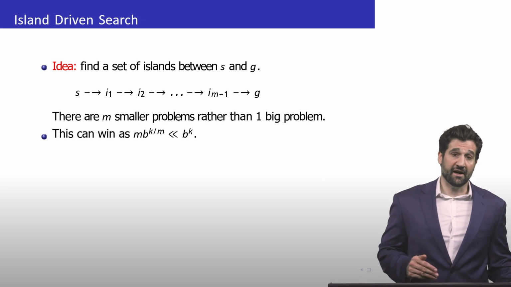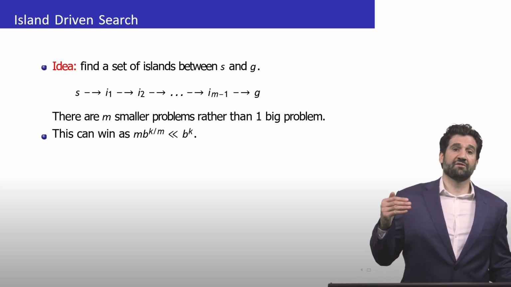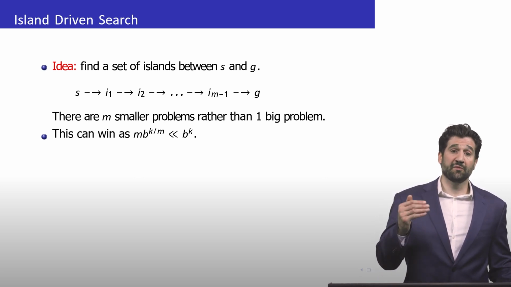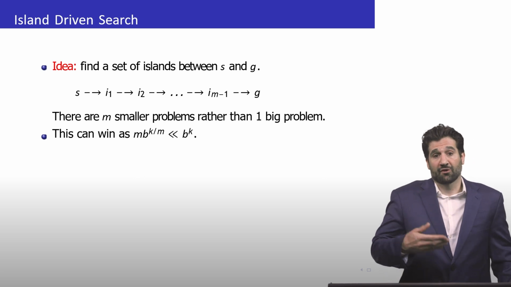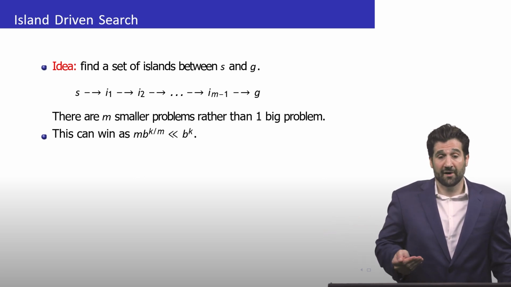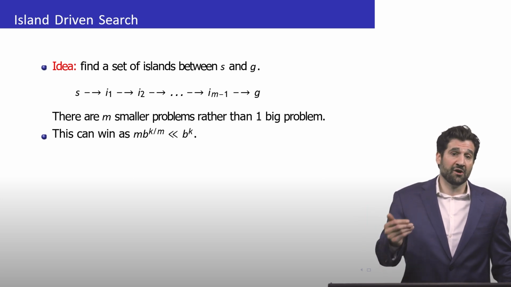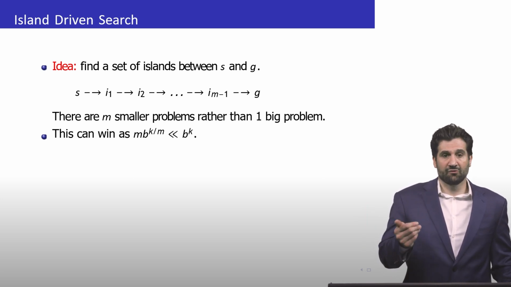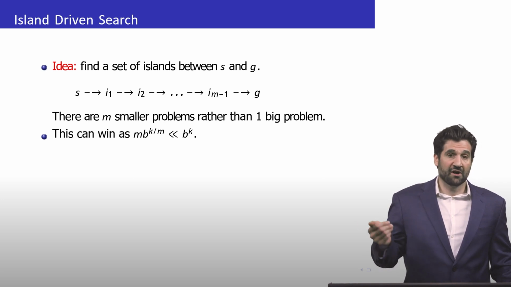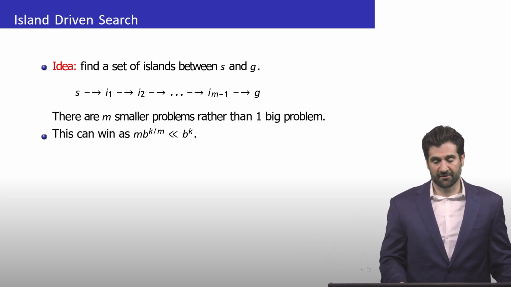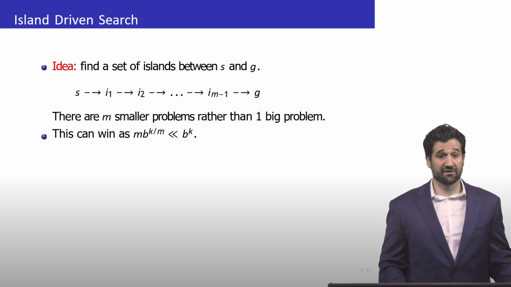In doing that, we've decomposed the problem into M islands, or M floors in the case of the robot, and we solve each of these smaller search problems, which ends up having a much smaller depth than looking at the whole thing. And so this provides a great deal of savings.